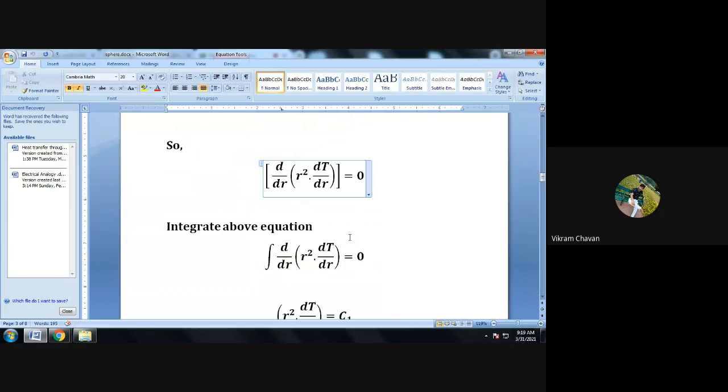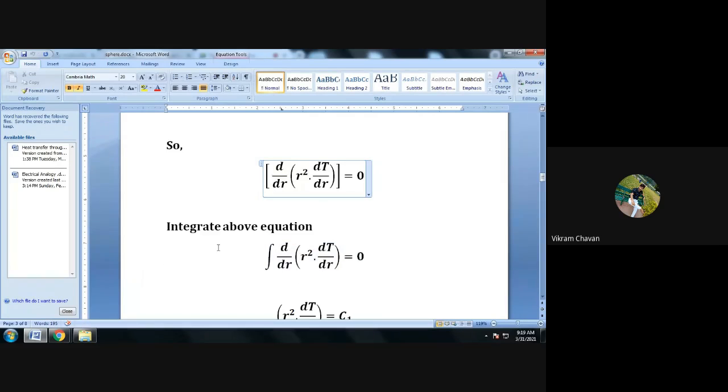So integrate the above equation. One integration and one differentiation will be cancelled, and the integration constant will be included in the equation.